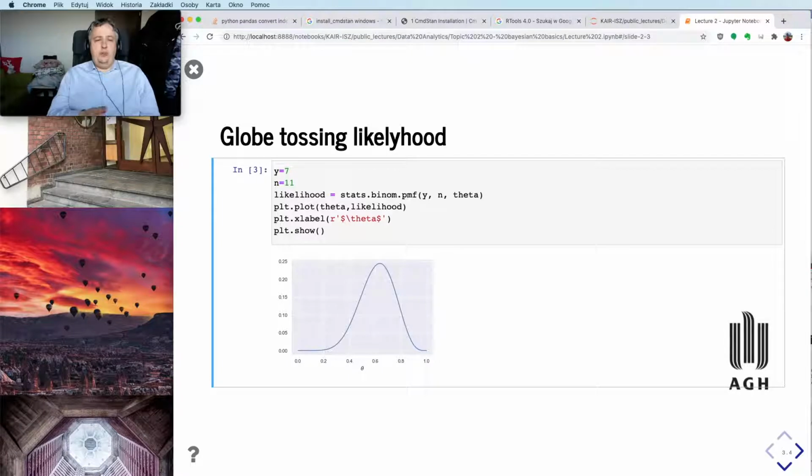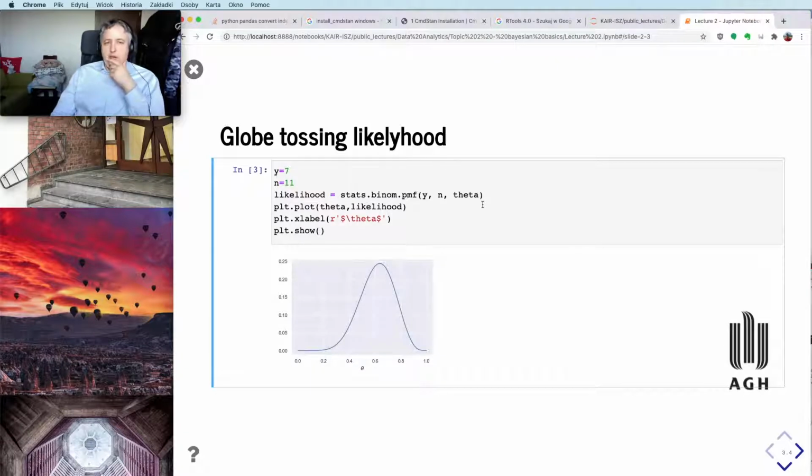For the purpose of this exercise, we will focus on tossing the globe, where we got 7 successes in 11 trials. Because on a normal lecture, I would just throw a ball around and we would see what happens.